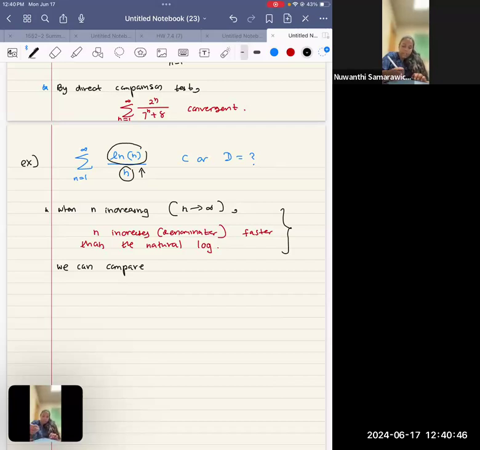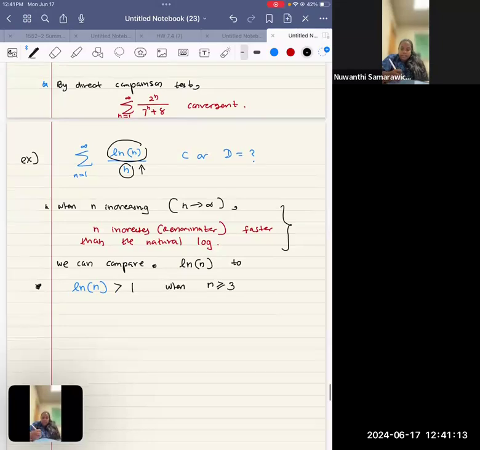So we can compare the natural log to 1. Remember this idea: the natural log is greater than 1 when n is greater than or equal to 3. You can check this idea.